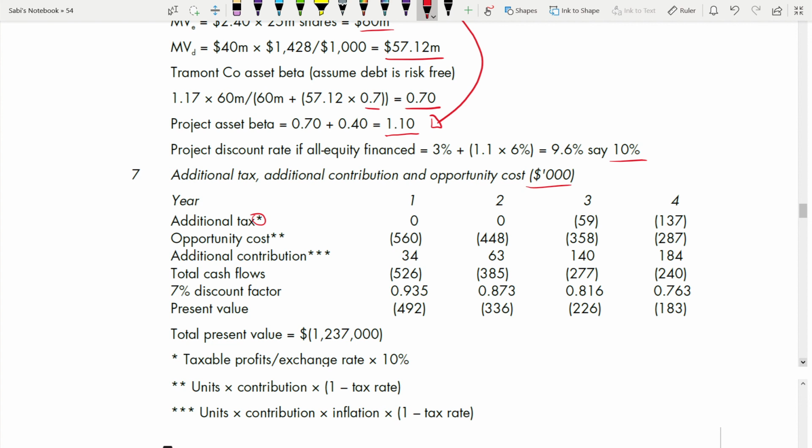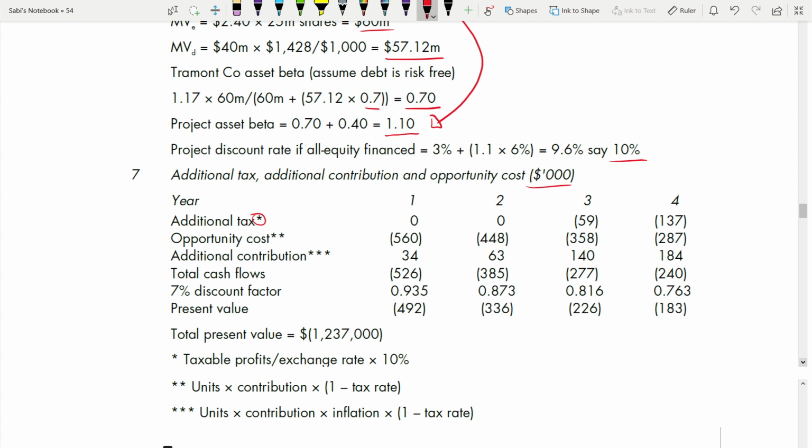So the taxable profit divided by exchange rate, because the Gamalian currency you have to first convert into dollar and then multiply by 10%. Why is it so? Why does additional tax come into the picture?